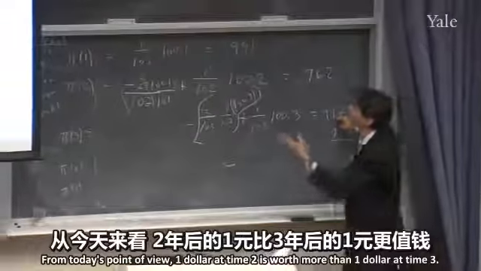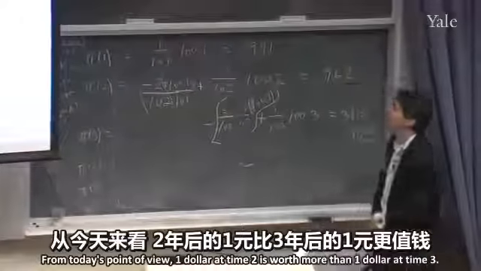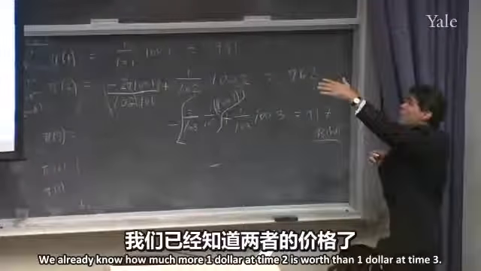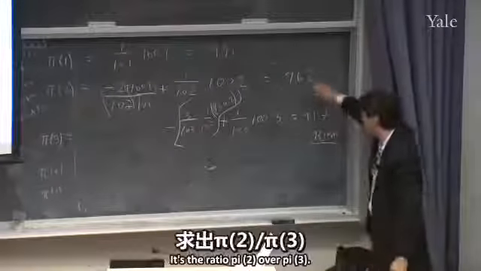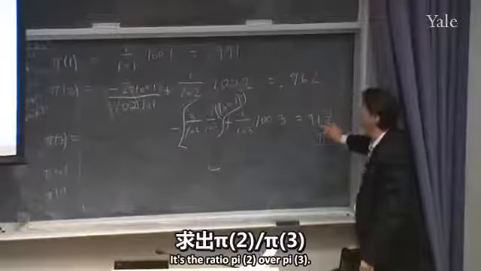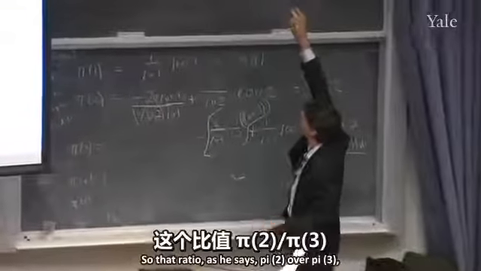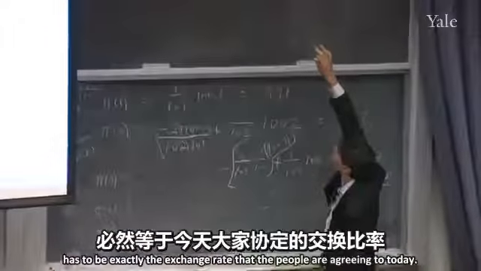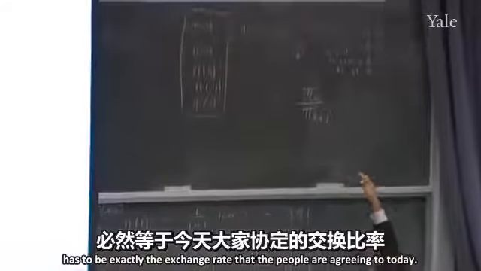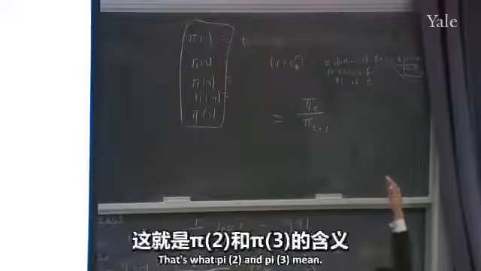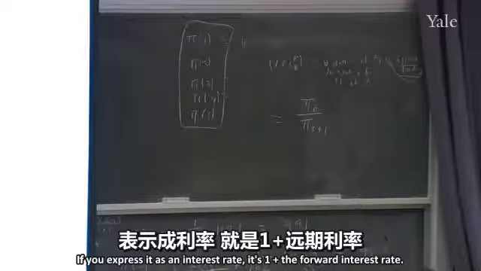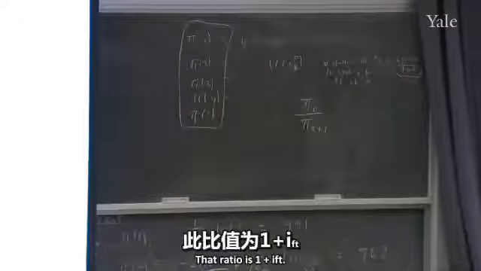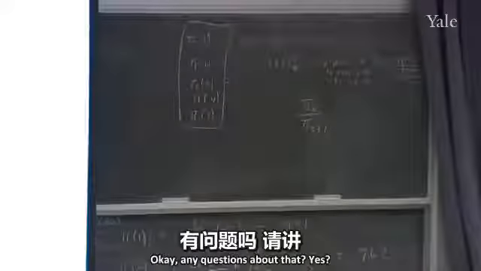From today's point of view, $1 at time 2 is worth more than $1 at time 3. We already know how much more: it's the ratio, pi 2 over pi 3. So that ratio has to be exactly the exchange rate that people are agreeing to today. That's what pi 2 and pi 3 mean. And if you express it as an interest rate, it's 1 plus the forward interest rate, 1 plus I_t^F.